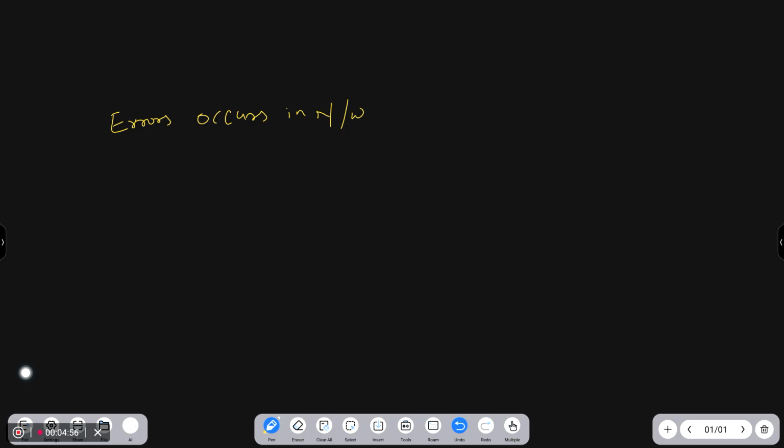The first error, number one, is called looping and dangling. The first one is looping.